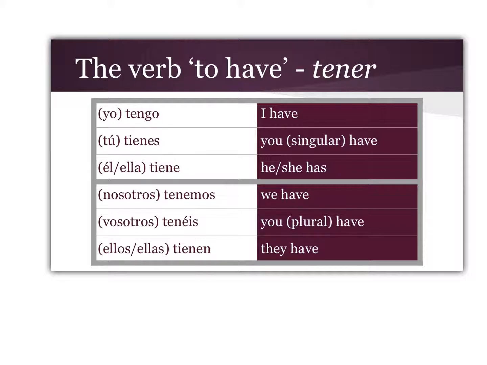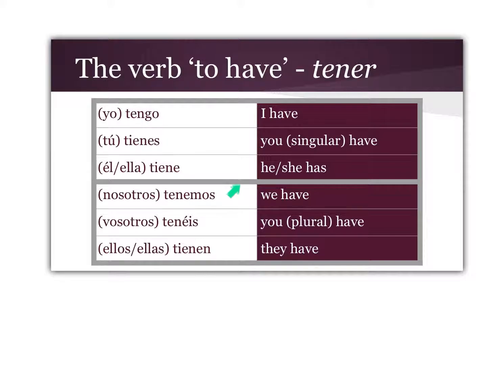If I speak to you about somebody else and say that he or she has a cat, él, ella, tiene un gato, three people are now involved in the conversation. I am speaking to you about he or she. First person, I. Second person, you. Third person, he or she.